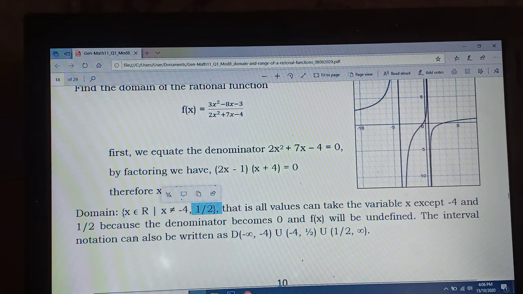The interval notation can also be written as the domain is negative infinity to negative 4, union negative 4 to 1/2, union 1/2 to positive infinity, wherein negative 4 and 1/2 are not included in the domain.